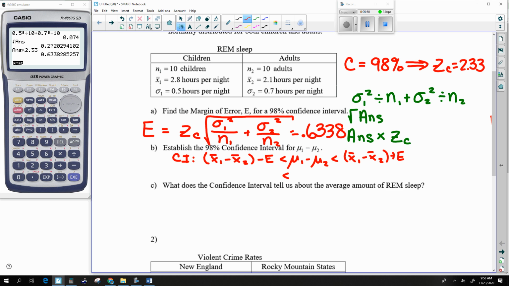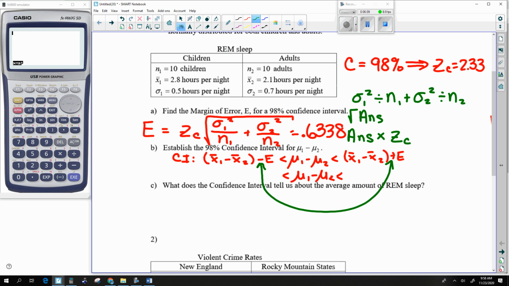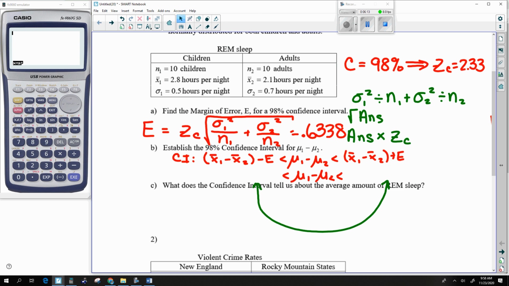I know it's been a while since we operated with a confidence interval. But again, we're in essence taking one number minus E and another number plus E. So the only difference between these two sides is the left-hand side is minus E and the right-hand side is plus E. So it's in essence the same math problem, just one's a minus E and one's a plus E. So here we go, let's set this up.